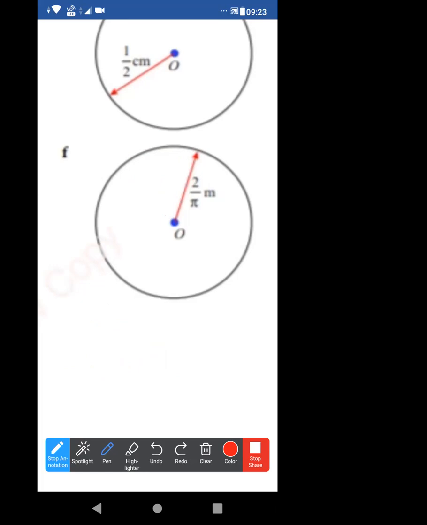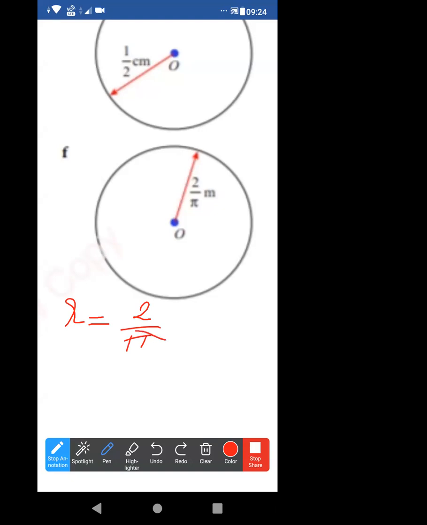Understood? Now write 2 by pi. You are going to say that we will put the value of pi as 22 by 7. It will cut.